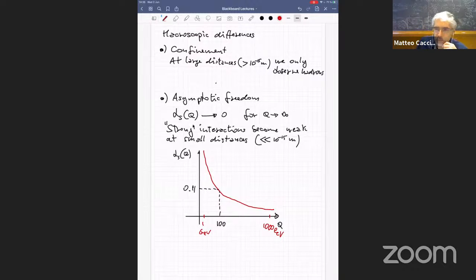So this has been observed experimentally. Unfortunately, since I cannot cut and paste, I cannot immediately show a plot, but this has been measured repeatedly over all this energy range, and it has been quite accurately tested that indeed this is the behavior of the running. Because it is a function of the scale, this is called a running coupling.